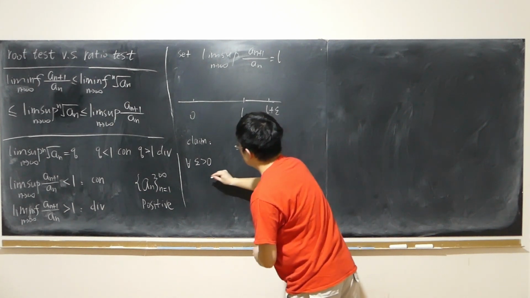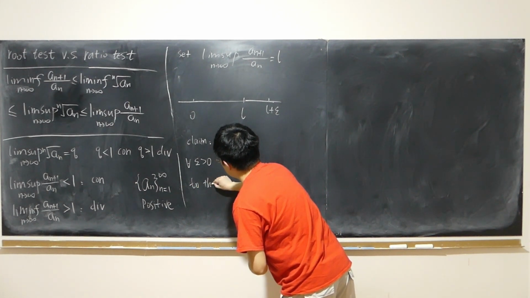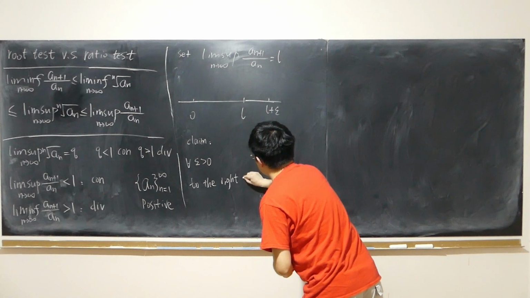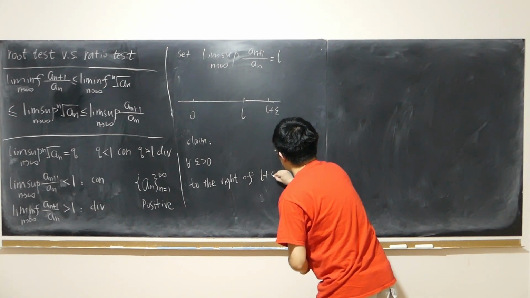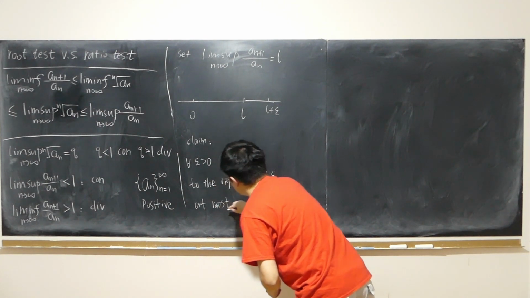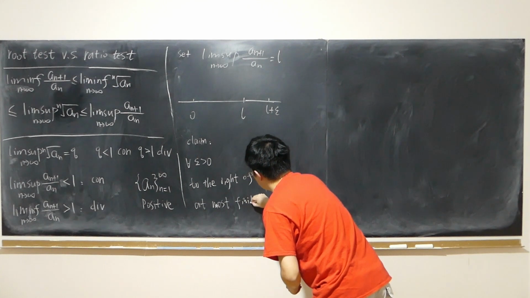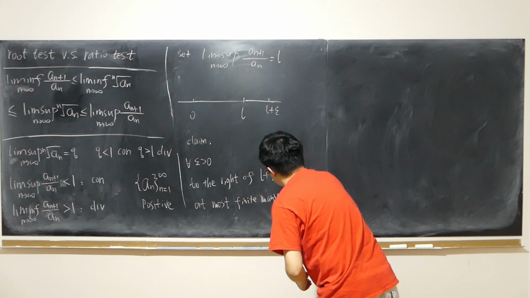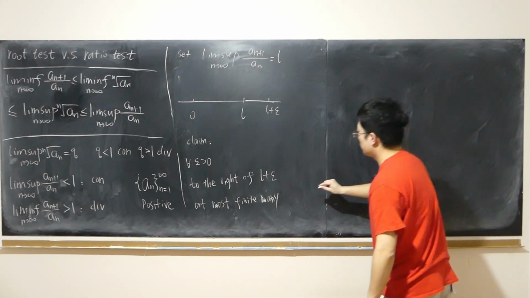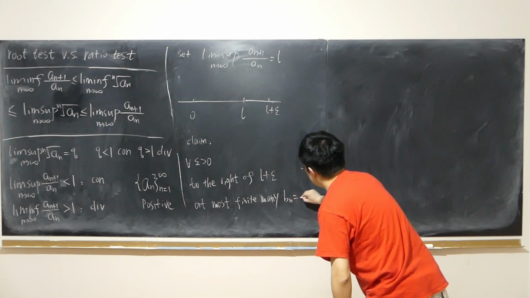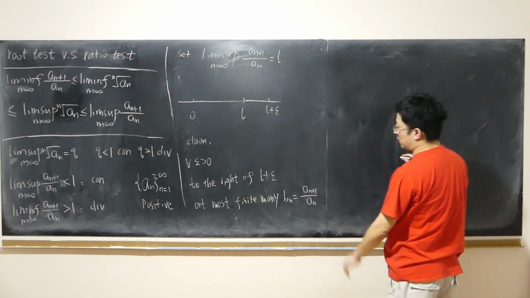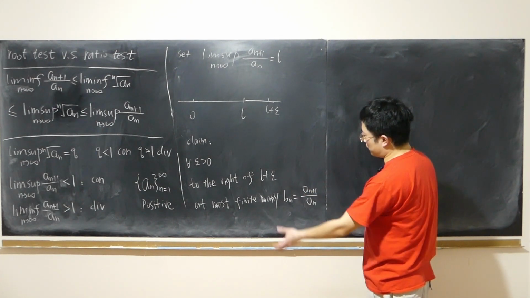To the right-hand side of L plus epsilon, we only have at most finitely many members of b_n, denoting a_{n+1} over a_n as a whole entity, as a sequence.